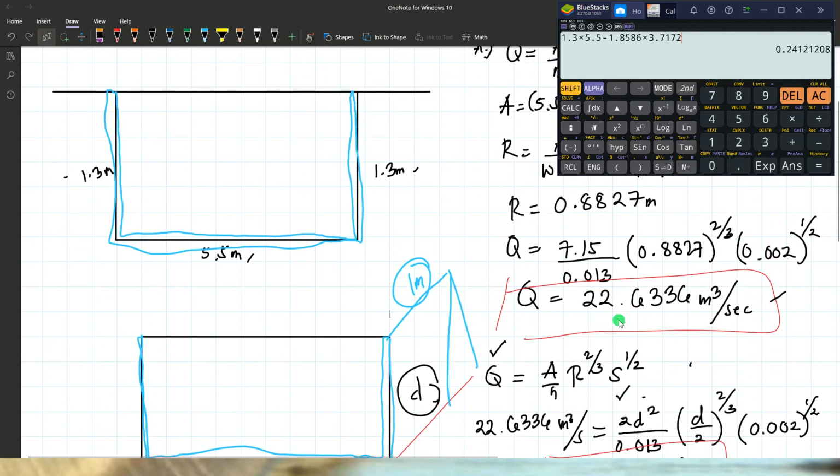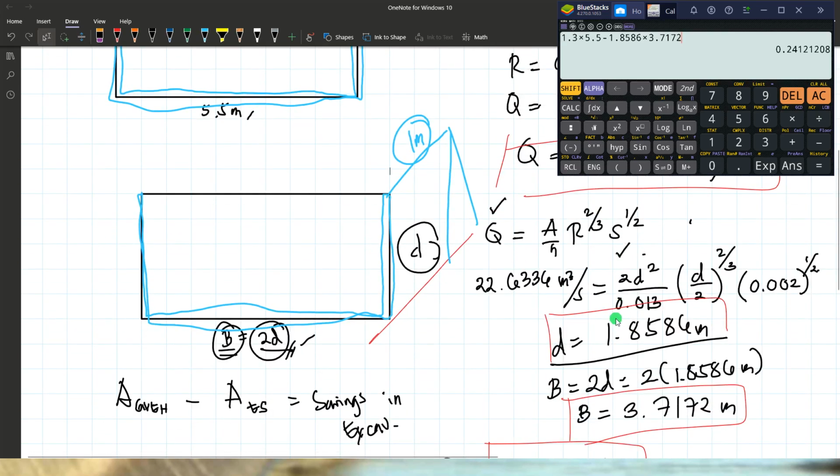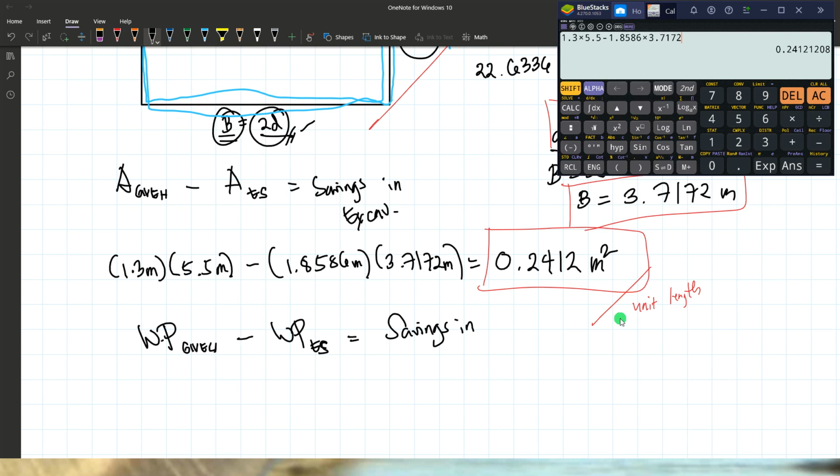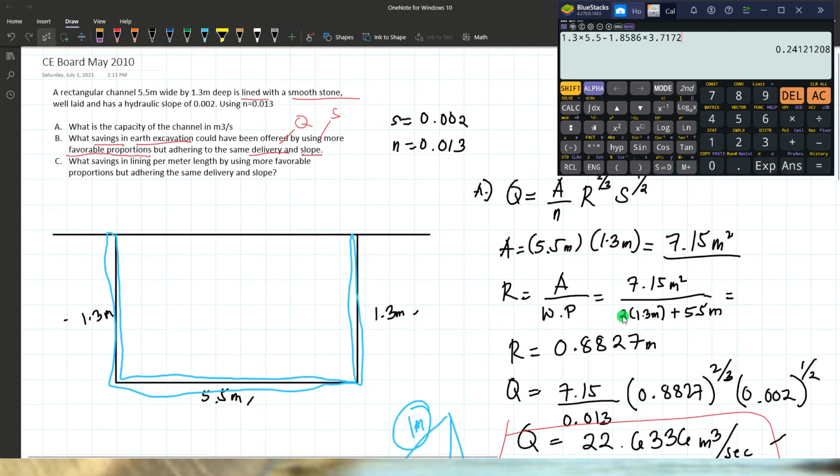So again, what will be the savings in the lining? Let's compare again. Subtract the wetted perimeter of the given from the wetted perimeter of the most economical section. That will be your savings in lining.